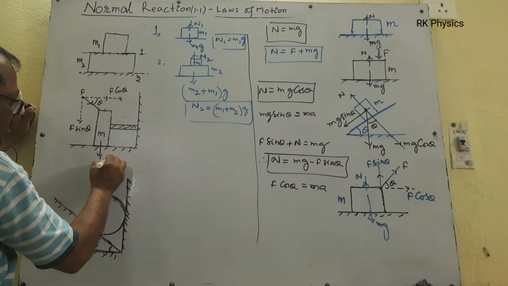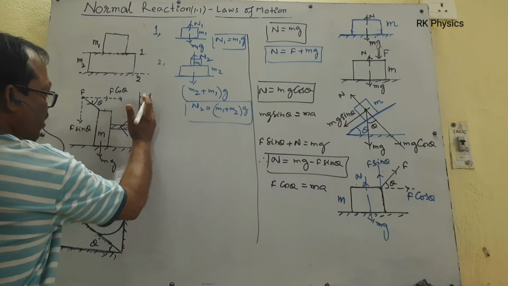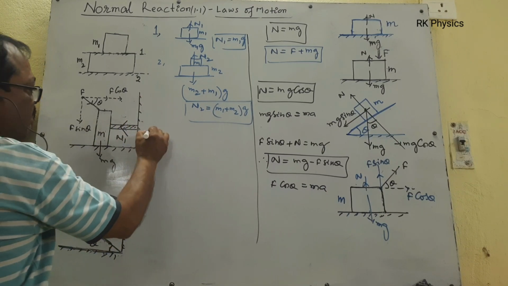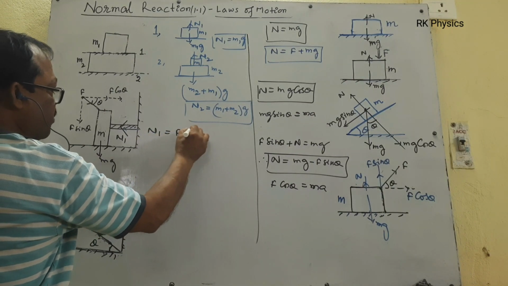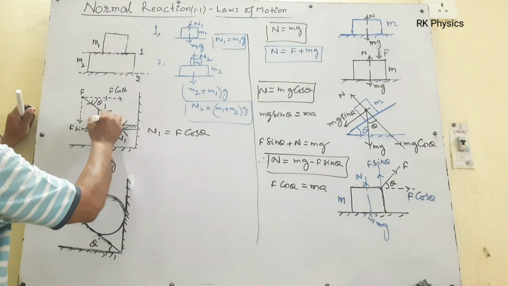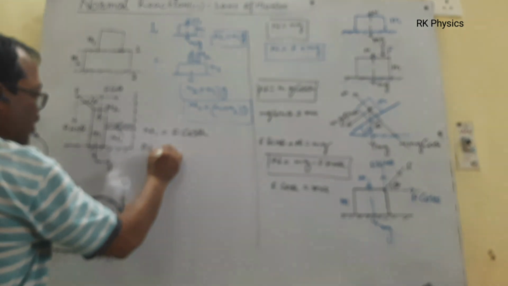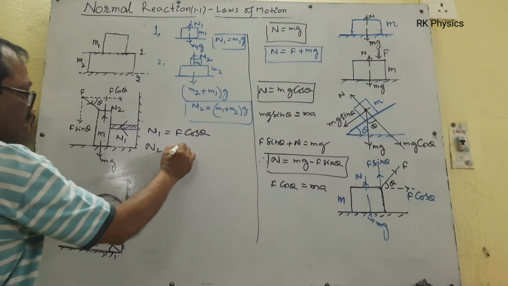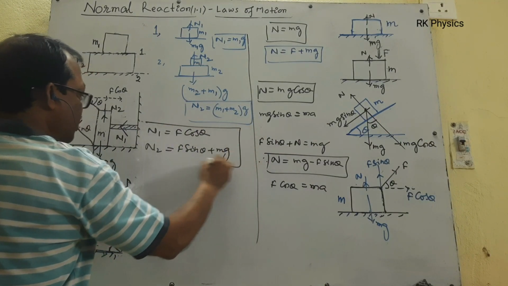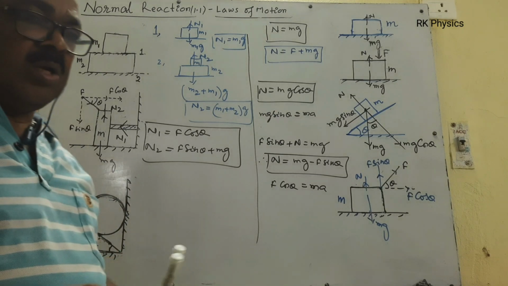Weight of the body is mg. If the normal force N1 provides reaction towards the left, then you can write N1 is F cos theta. Then the ground provides reaction N2 vertically up, meaning N2 is the upward force, F sin theta plus mg. So these are the normal reactions in this figure.